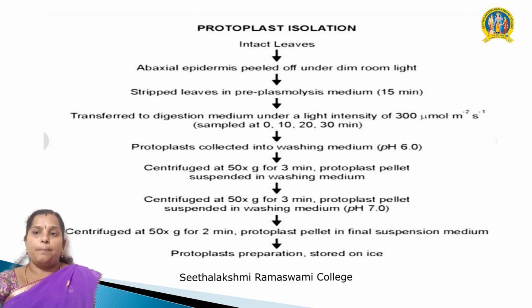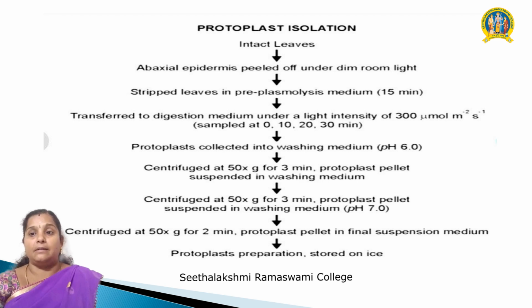Then the stripped leaves are kept in pre-plasmolysis medium for 15 minutes, then transferred to digestion medium under light intensity at 300 millimolar. Then the protoplast is collected into washing medium at maintenance pH 6 and centrifuged for 3 minutes.